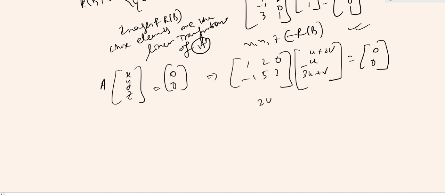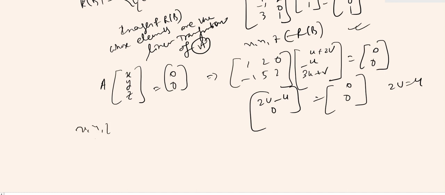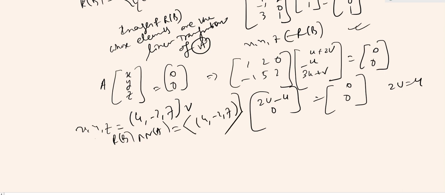Okay, so finally we can calculate 2b minus u 0. So 2b equal to u, so x y z here. So the dimension of this thing is equal to 1.